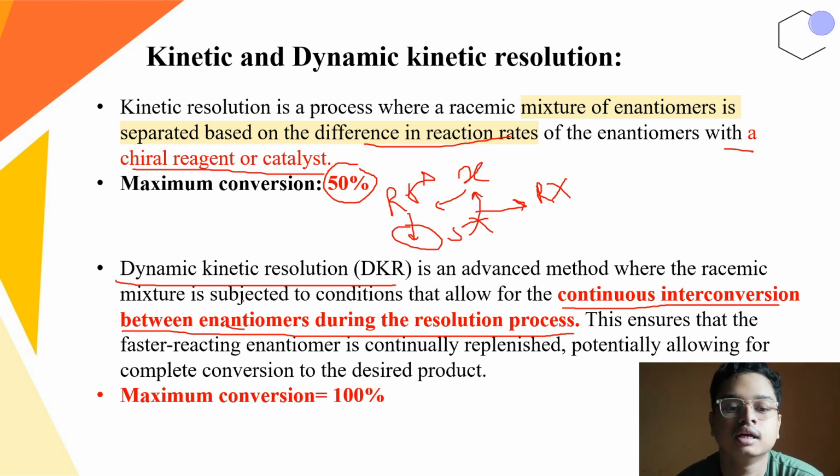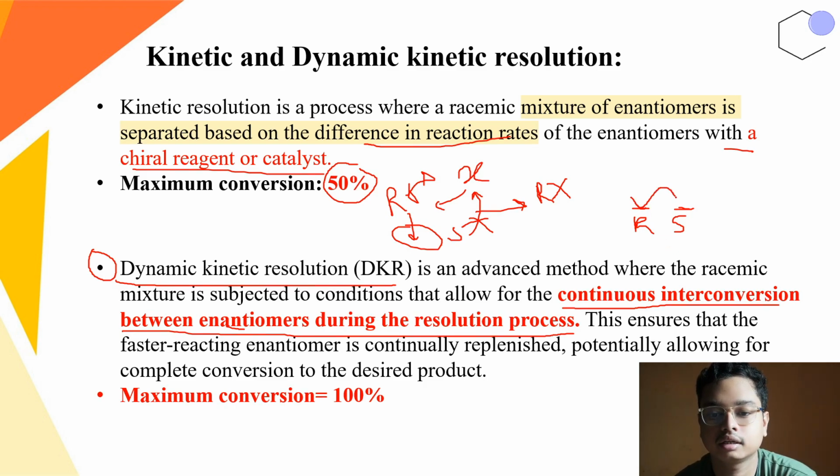Dynamic kinetic resolution is observed when the energy gap between the R enantiomer and the S enantiomer is very small. Let us say this is our R enantiomer and this is our S enantiomer, and the energy gap is something like this.